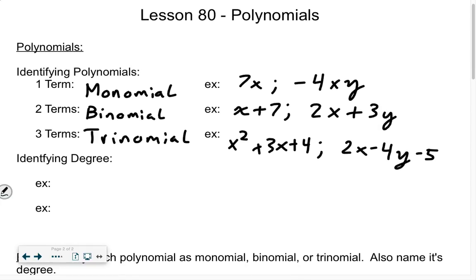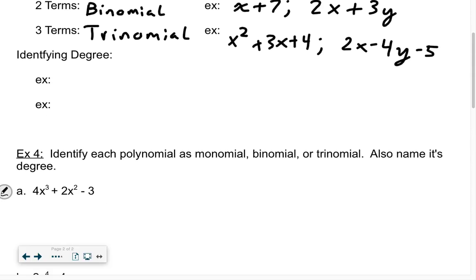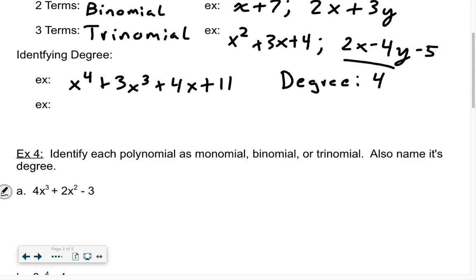If we want to identify the degree, that all comes down to looking at the exponent, and it's the highest exponent within a polynomial. Therefore, if I have x to the fourth plus 3x squared plus 4x plus 11, I would say that the degree of that polynomial is going to be 4.